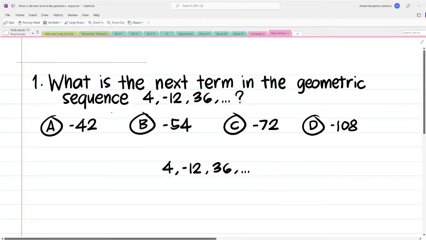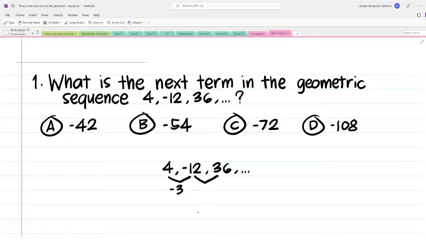So from 4 to negative 12, how do we get negative 12 from 4? We multiply it by negative 3. And then from negative 12 to 36, how do we get 36 from negative 12?